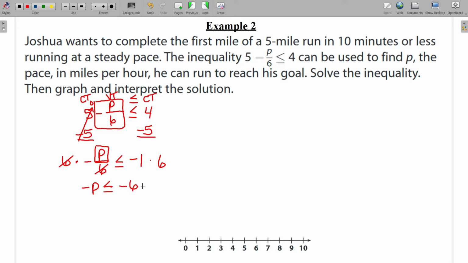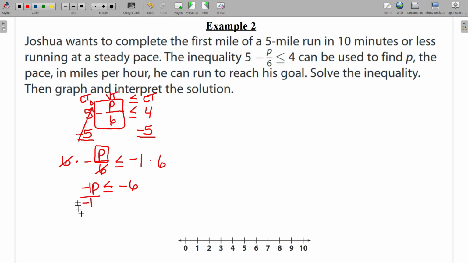Now with this particular problem, we still have a coefficient, a number that's in front of my variable p. You don't see it, but it's actually a negative 1p. So what I need to do is break apart this negative 1 and this p. Those two things are being multiplied together. So to break them apart, I'm going to have to divide this term by negative 1.